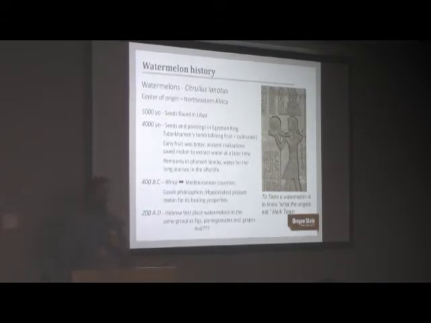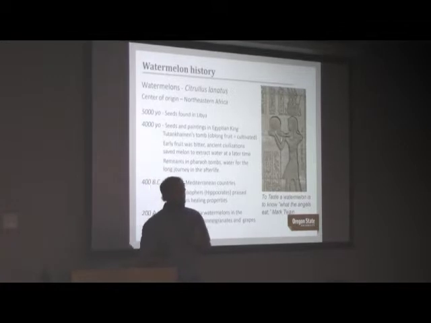So fast forwarding about 4,000 years, there were reports of Greek scholars as it arrived in the Mediterranean region that were praising watermelon for its healing properties, of which we still know a lot of great properties medicinally from melons today. Then moving forward a bit more, the first Hebrew text about watermelons was placing it in the same group as pomegranates, figs, and grapes.